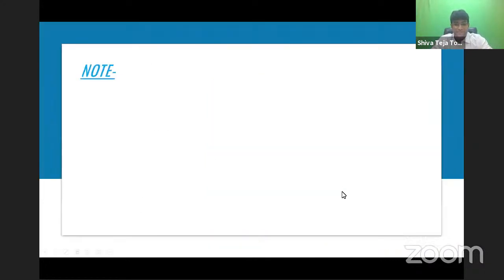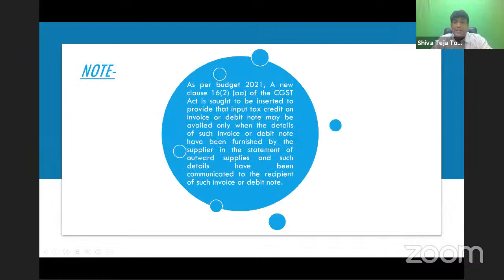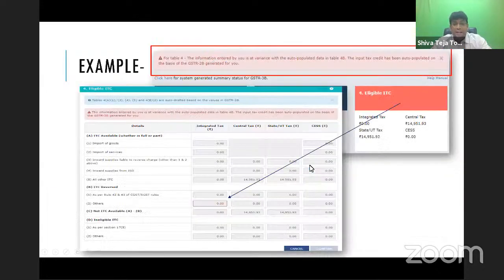Next point. This point already I told you, one new budget amendment, the 2021 amendment, where they said that input tax credit on invoice or debit note may be availed only when the details of such invoice or debit note have been furnished by the supplier in the statement of outward supplies, and such details have been communicated to the recipient.